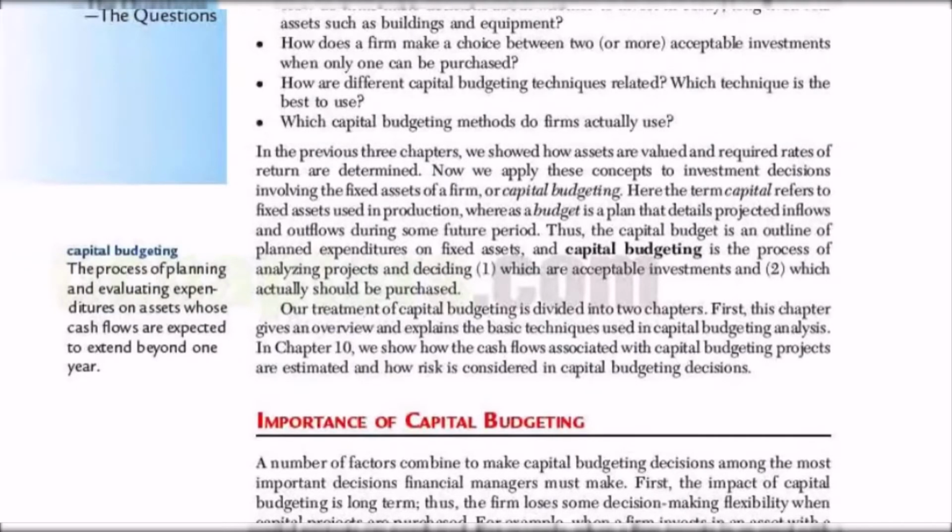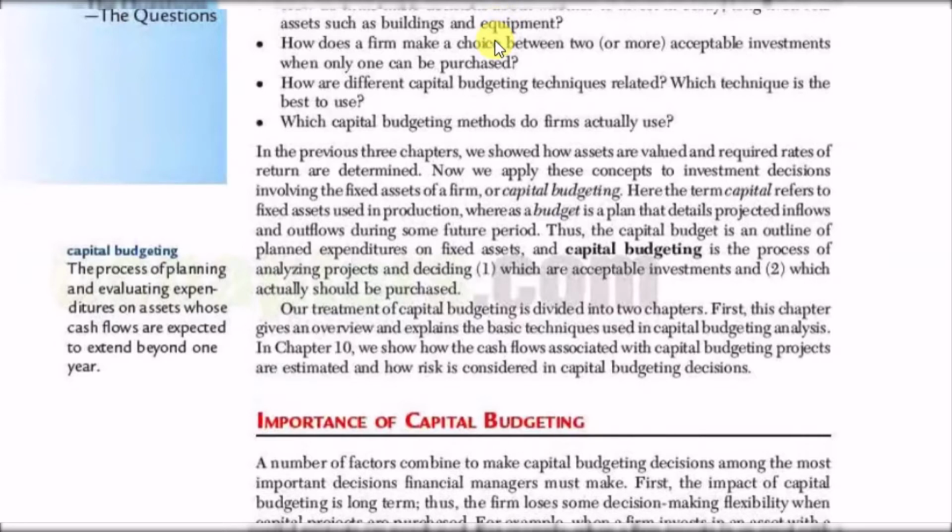Today we are going to start capital budgeting. Capital budgeting techniques. So this is our topic, capital budgeting techniques.